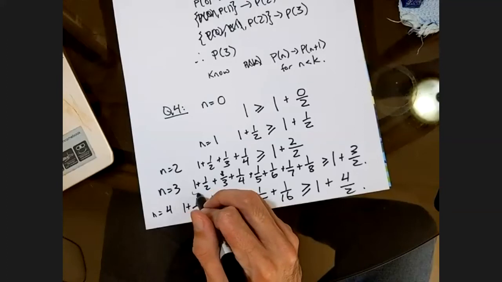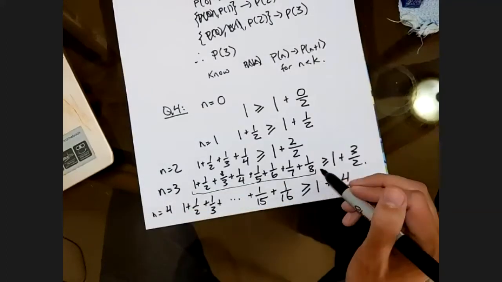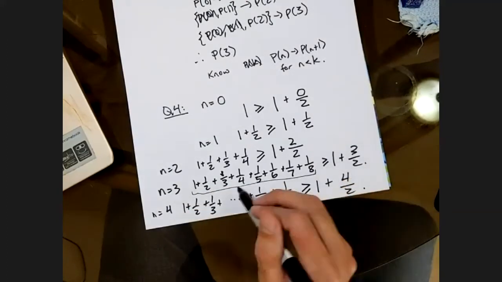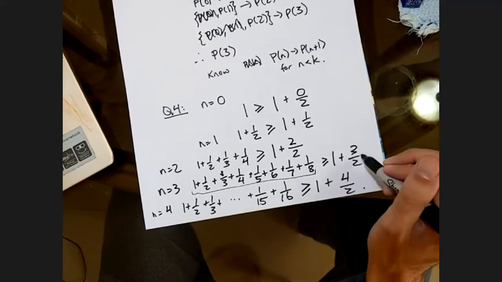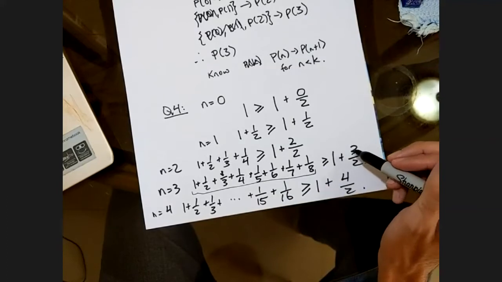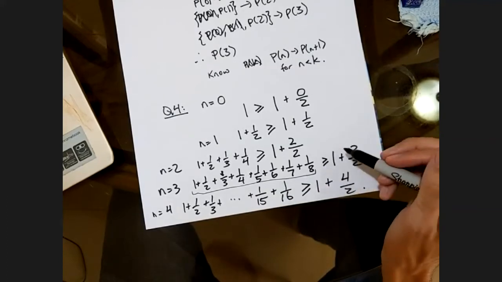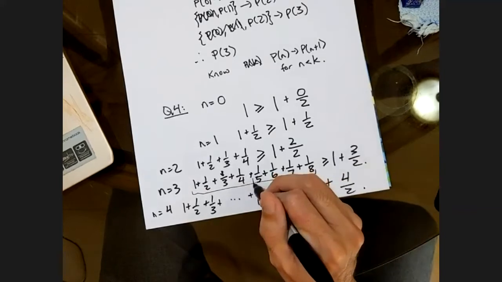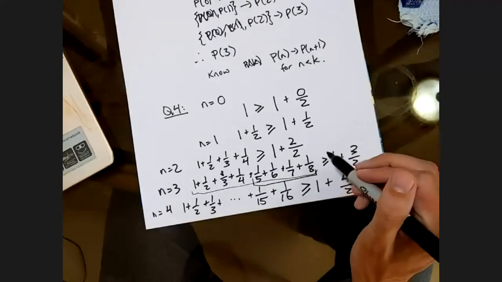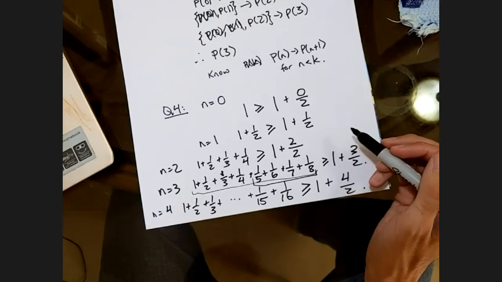On the left-hand side, each time there's twice as many terms, but they get smaller and smaller. And each time the right-hand side increases by a half. So what we have to show is that each thing that we increase by is greater than a half.